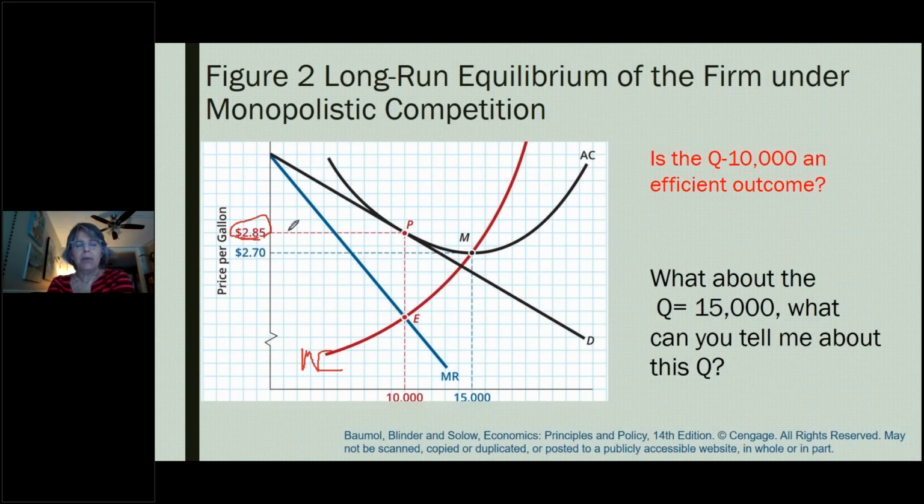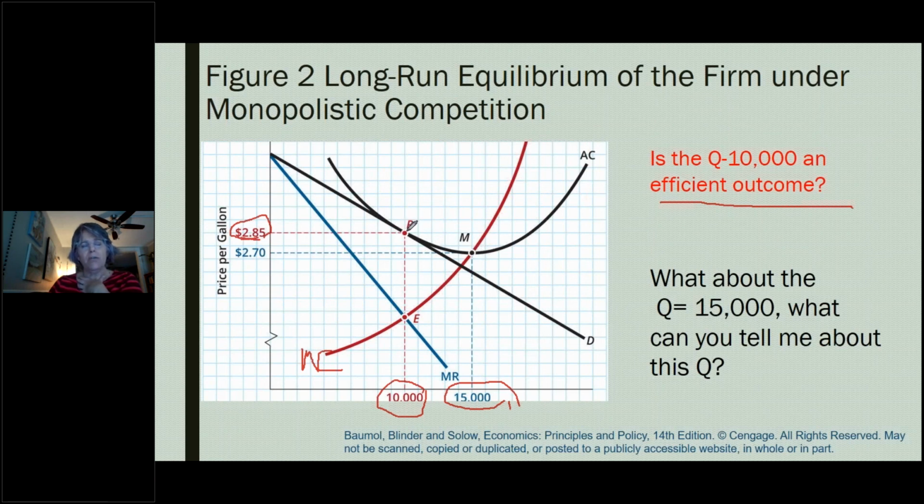In monopolistic competition, your equilibrium is a big deal. Is this an efficient outcome? This one right here? No, it is not. The most efficient outcome is this one here, because this is where your average cost is at its minimum.